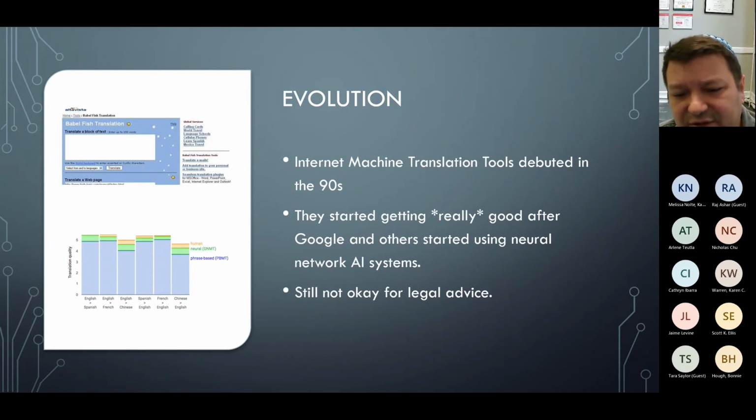So if you look at English and Spanish, there's almost no orange line at all. They're saying that's pretty close to perfect. And then if you look at English and Chinese, it's still pretty good, but there's a lot that a human can still add to those translations.